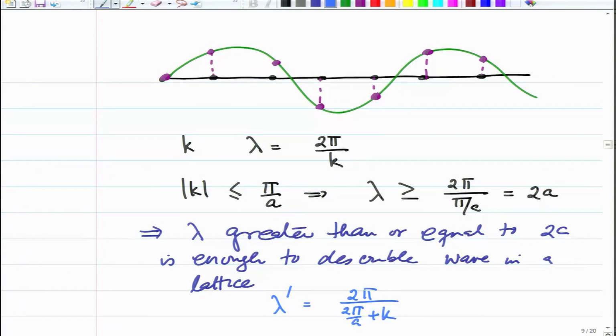You can calculate this, and what you would find is that the motion, if I plot this curve, each point is given the same displacement by the shorter lambda, and also its motion direction is the same. So, it does not matter whether I take lambda to be shorter, corresponding to k prime, or lambda larger than 2a.